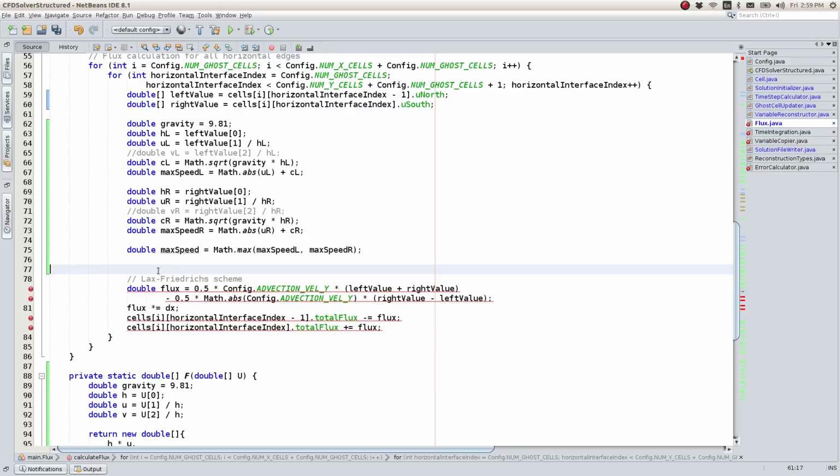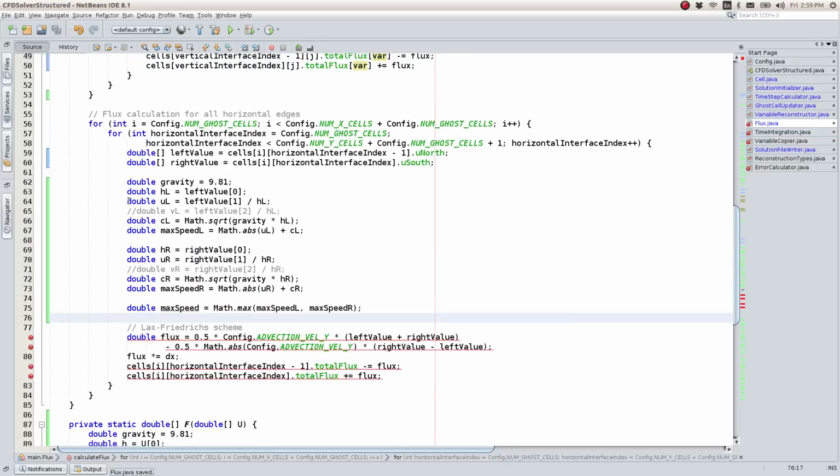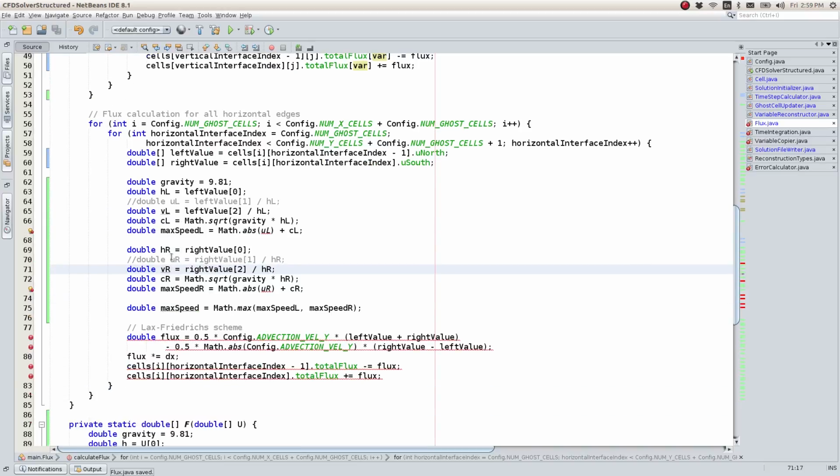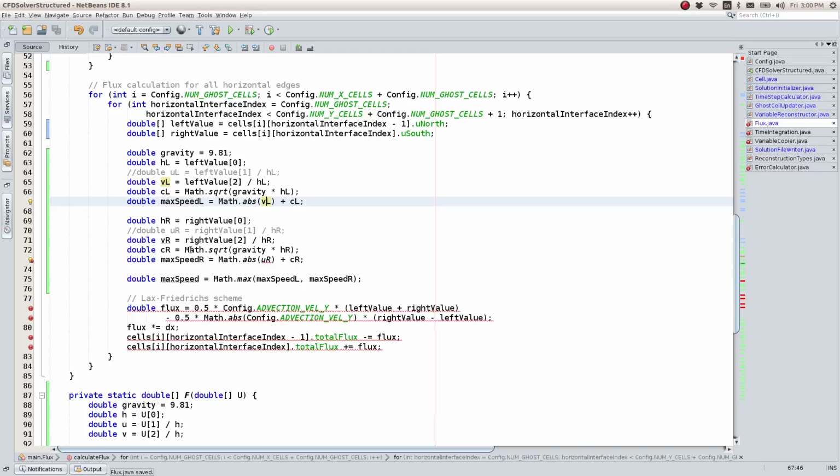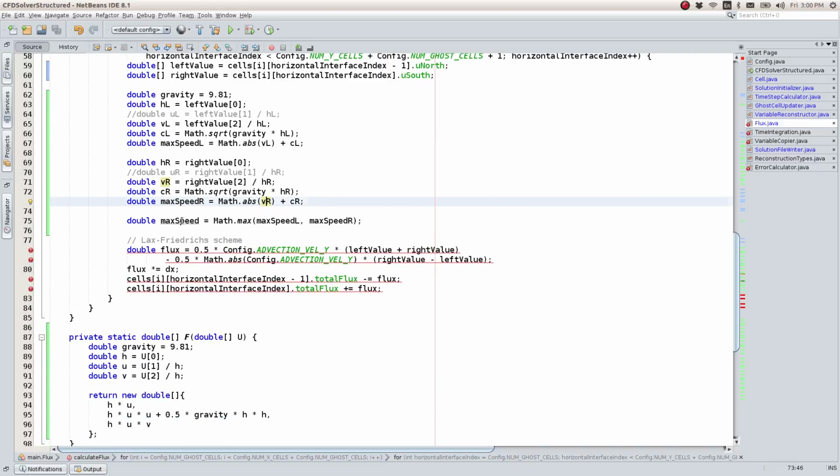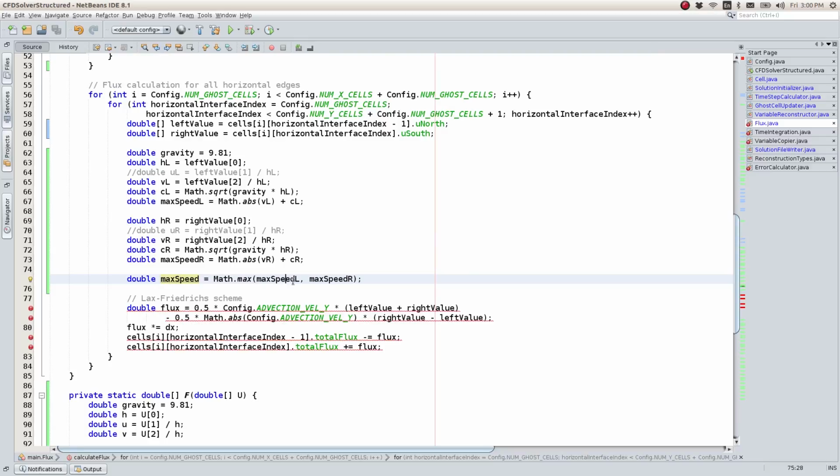So I should comment this line, uncomment this line, and I should comment this line and uncomment this line, and gravity is this, H is this, VL is this, which is going to be VL plus CL, CR, this is going to be VR plus CR, and max speed is max of max speed left, max speed right.